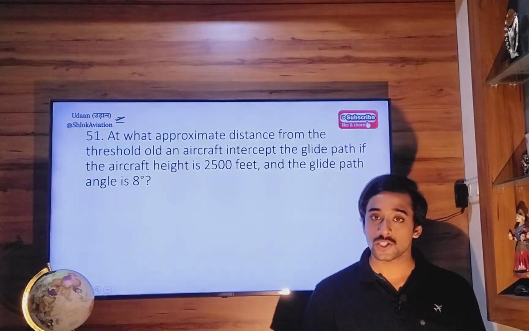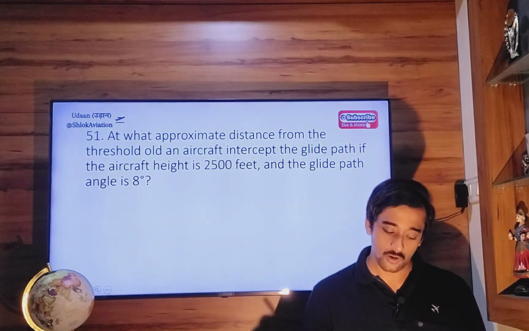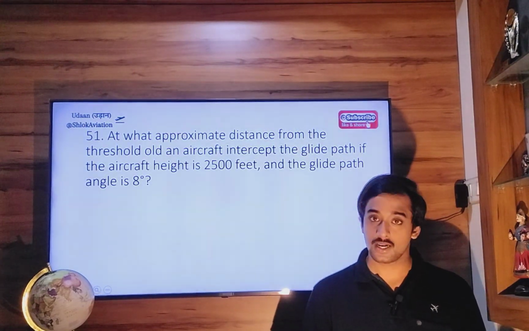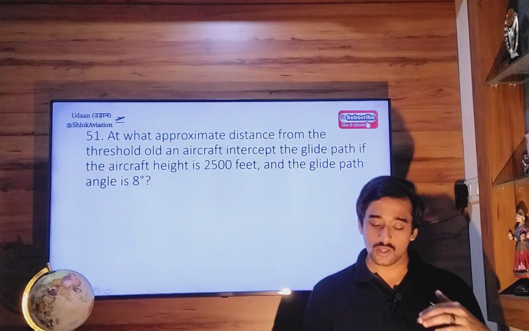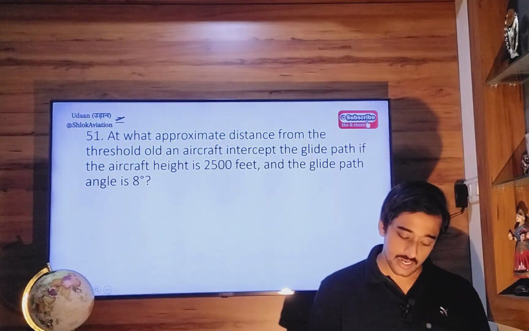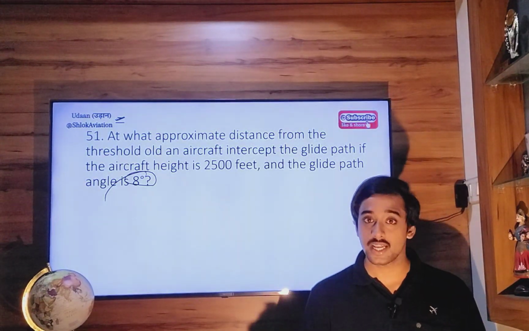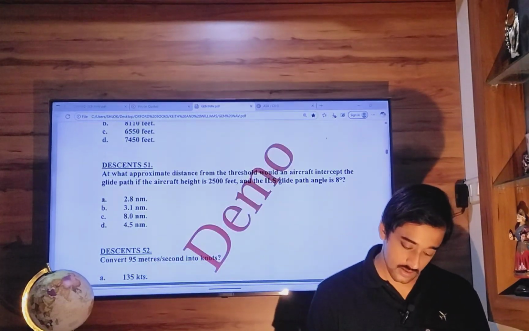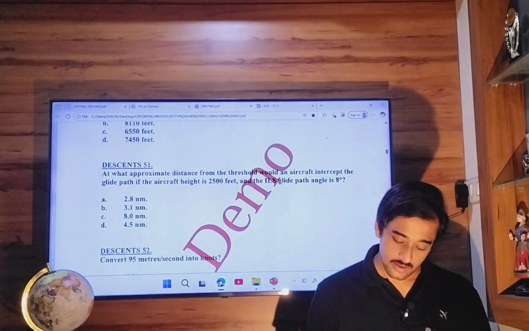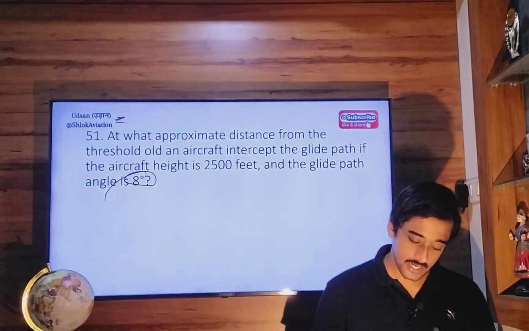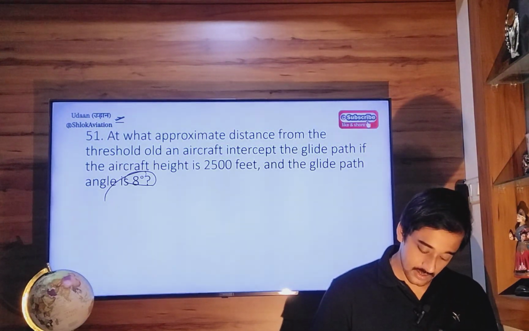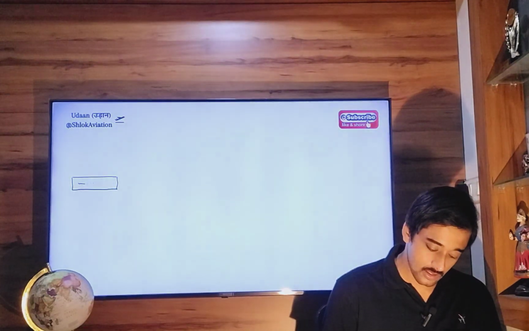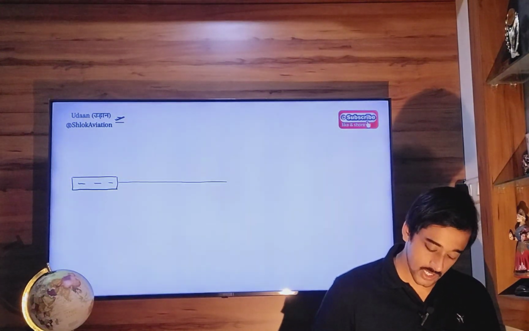At what approximate distance from the threshold of a runway will the aircraft intercept the glide path if the aircraft is 2,500 feet above and the glide path angle is 8 degrees? Okay, very steep glide path angle, right? So this is your runway. This is the horizontal distance.